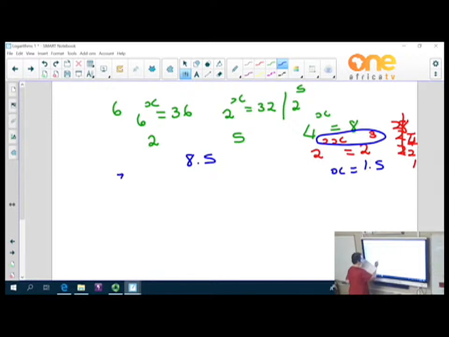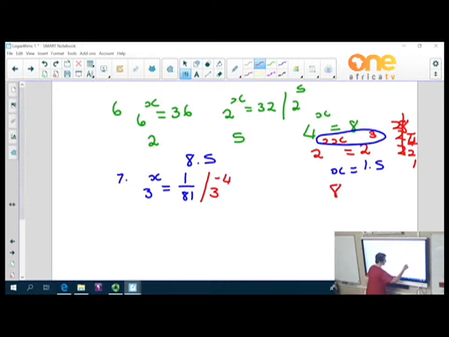Number 7. Again, I have to change all of them to the same base. So the first one is 3 to the power of what is equal to 1 over 81. 1 over 81 is the same as 3 to the power of negative 4.